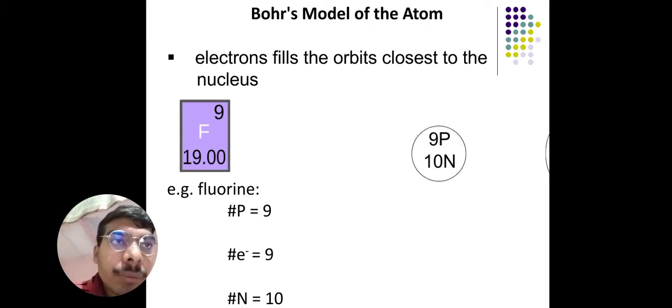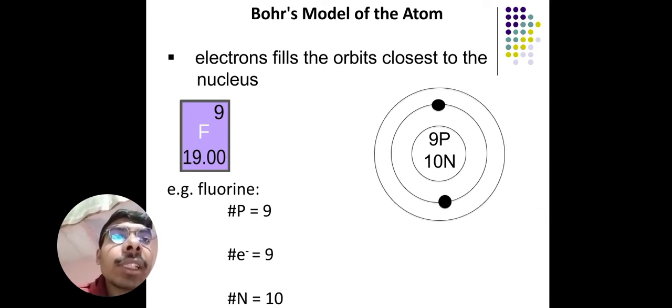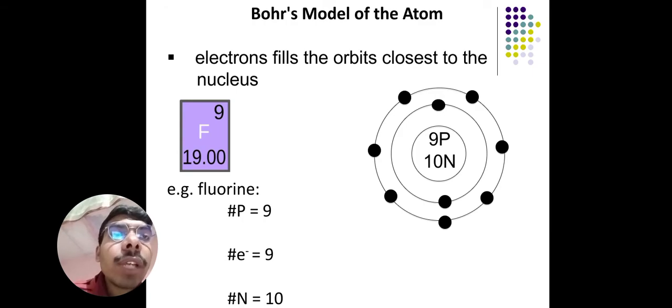The nucleus has 9 protons and 10 neutrons. Outside are electrons in shells, and each shell has a capacity of filling a specific number of electrons. The first shell can fill only 2 electrons, the next can fill a maximum of 8, but since only 7 are left, the outermost orbit has 7 electrons.